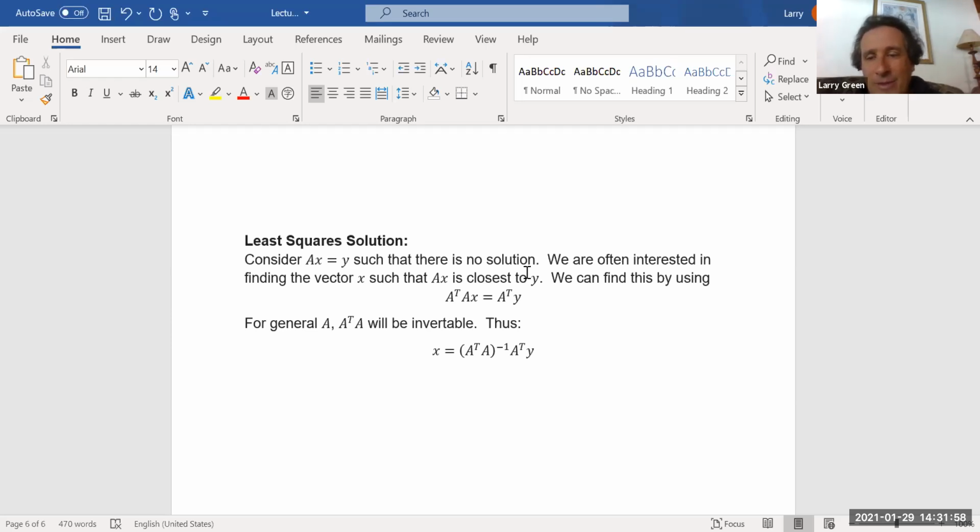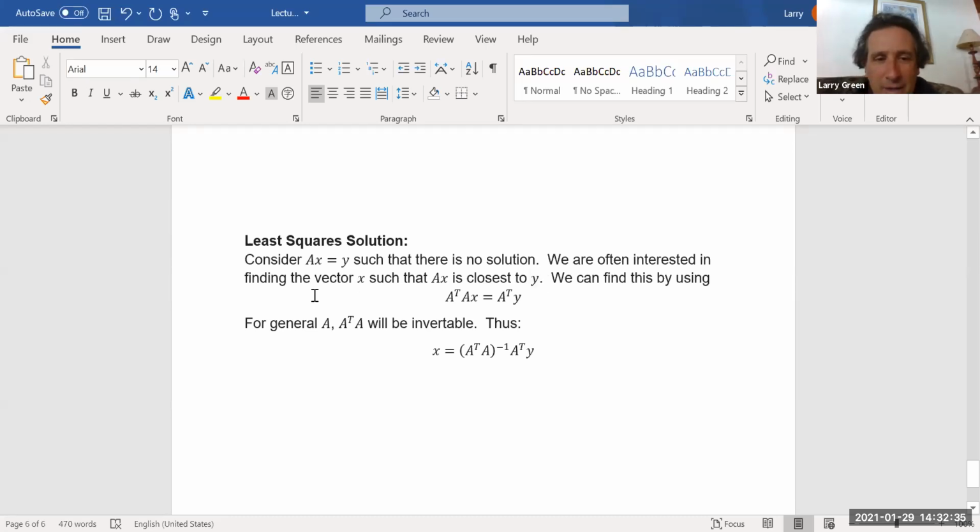If the bottom row is all zeros except for the last one that's not zero, then you say no solution, right? And what do you do after you say no solution? What have we done in the past? You moved on. You said, I'm done, let's go on to the next problem. You don't remember doing that? Yeah, if there wasn't a solution, then you just quit. But it turns out that's not what we want to do.